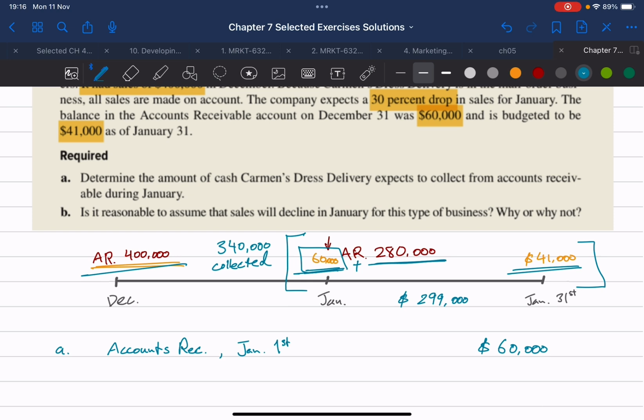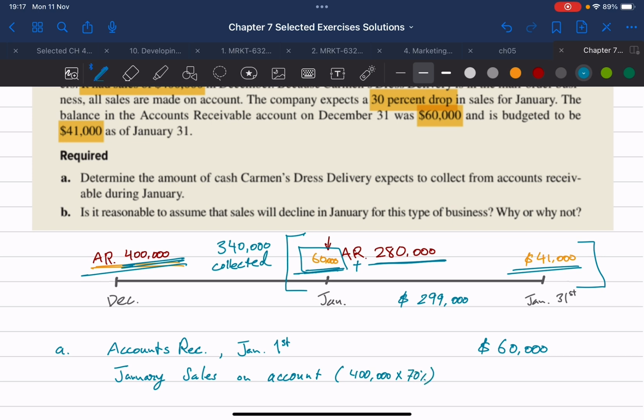So we'll say January sales on account, which is going to be this amount, the $400,000 multiplied by 70%.